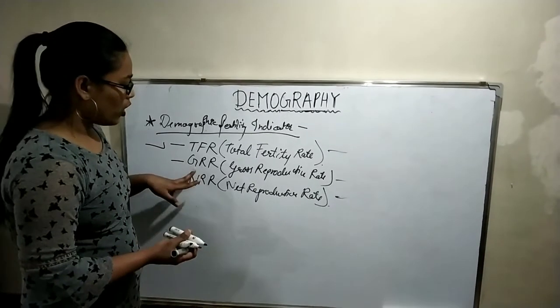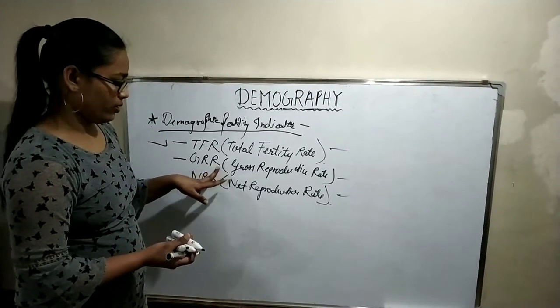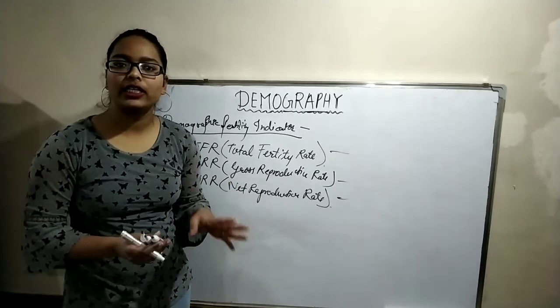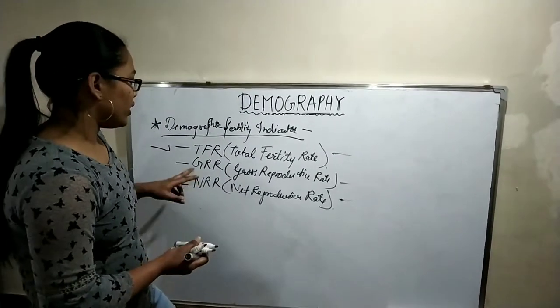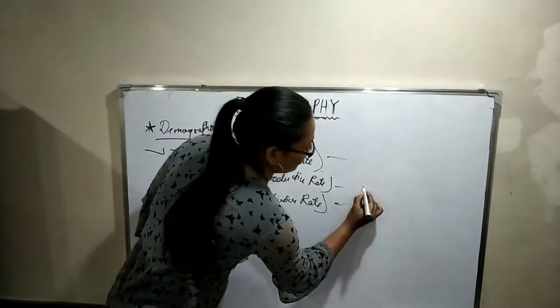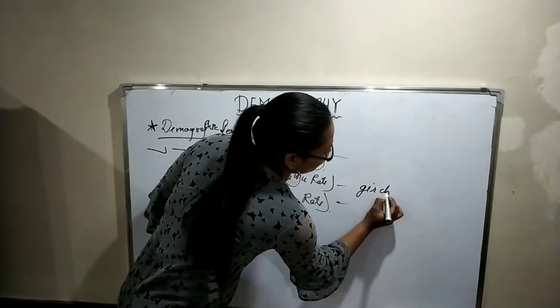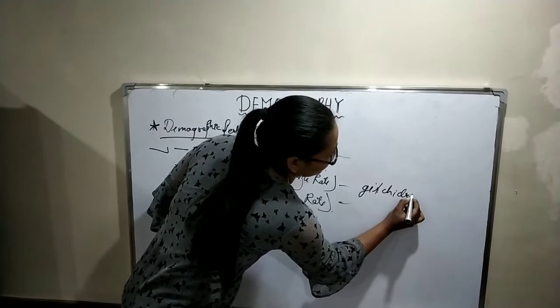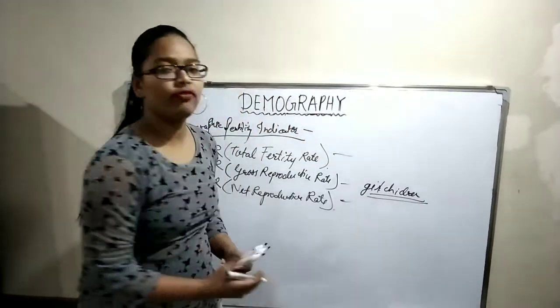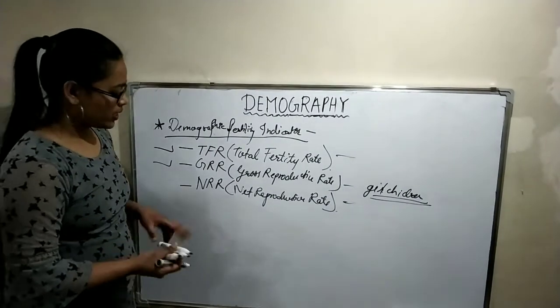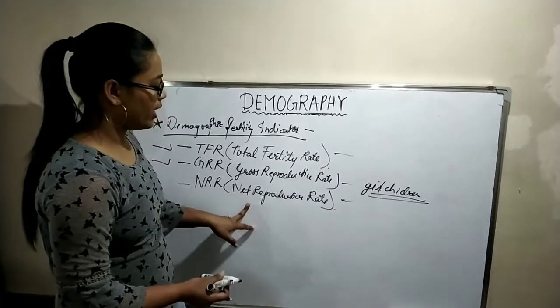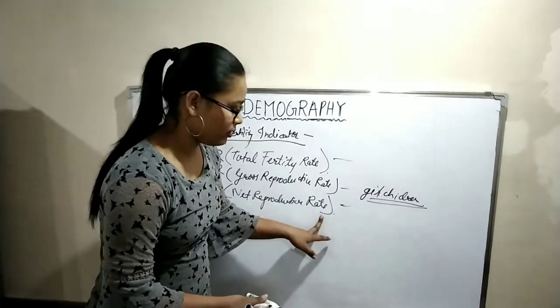Now gross reproduction rate. Gross reproduction rate is total number of girl child born to a woman in her entire reproductive age. It is GRR.